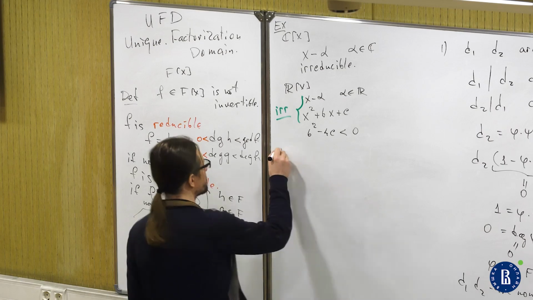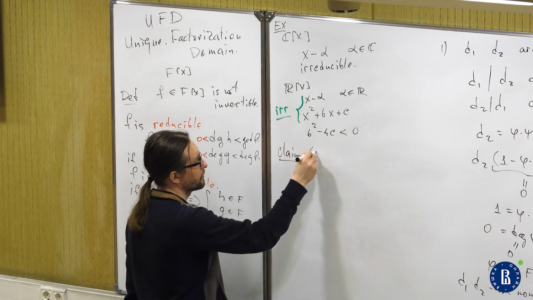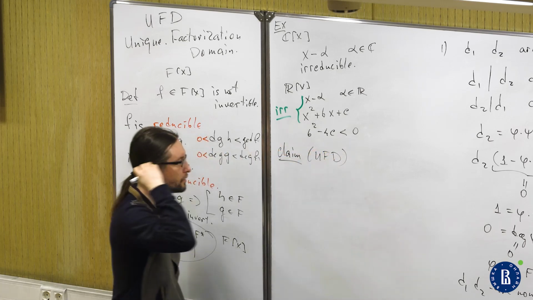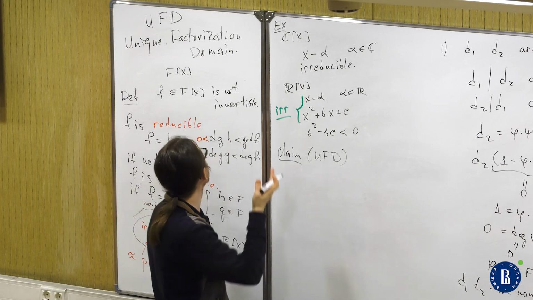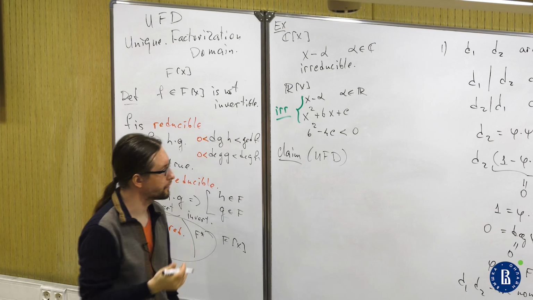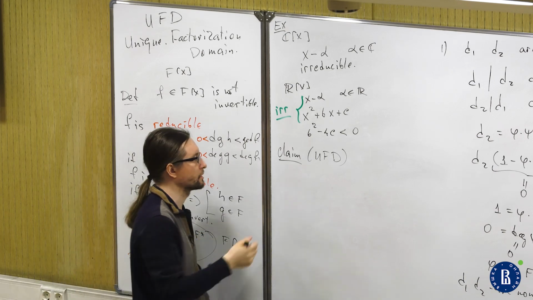Let me formulate the claim. It says that F[x] is a unique factorization domain. But what does it mean?